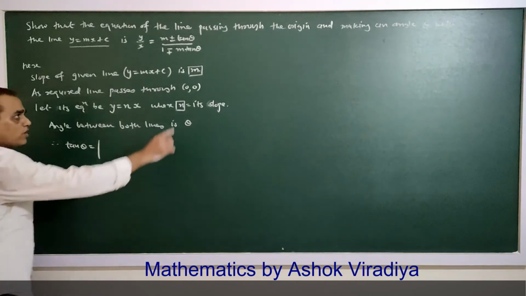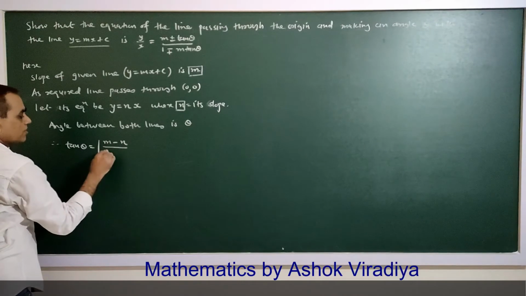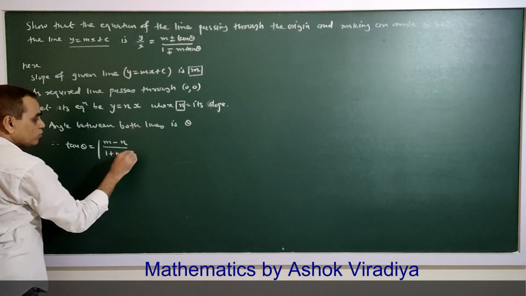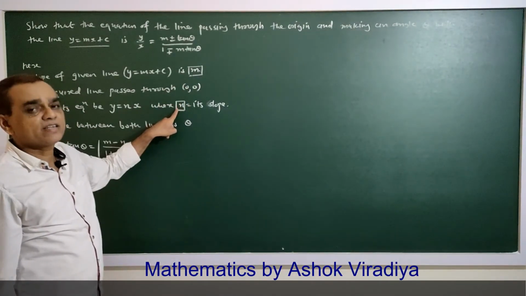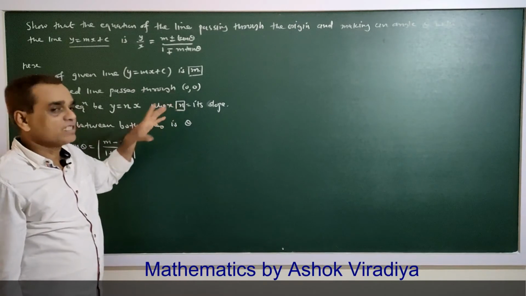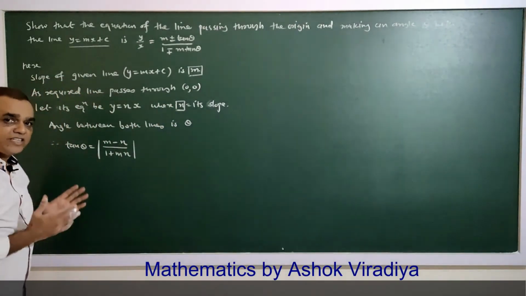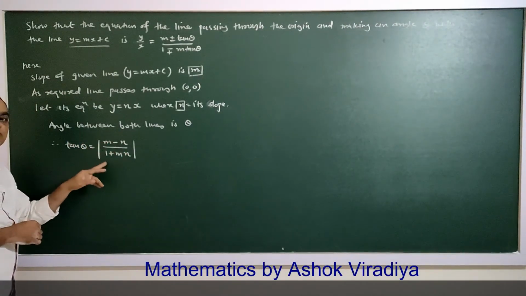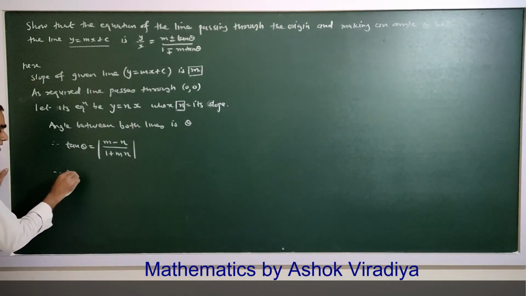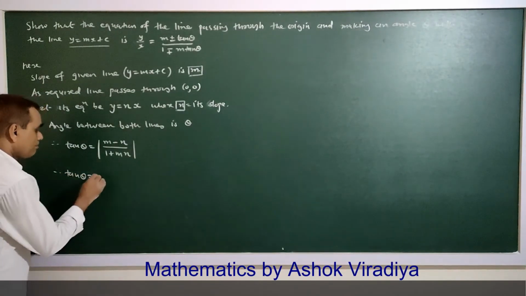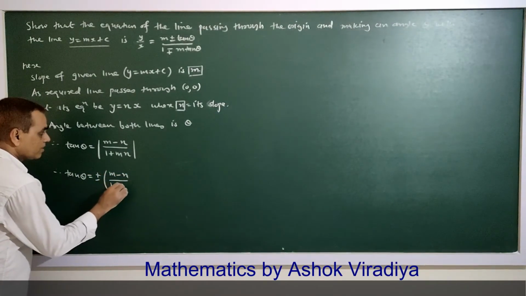So tan theta is equal to m1 minus m2 upon 1 plus m1 m2, if m1 and m2 are slopes and angle between them is theta. We already have a result: tan theta is modulus m1 minus m2 upon 1 plus m1 m2. So that means tan theta is plus or minus m minus n upon 1 plus mn.